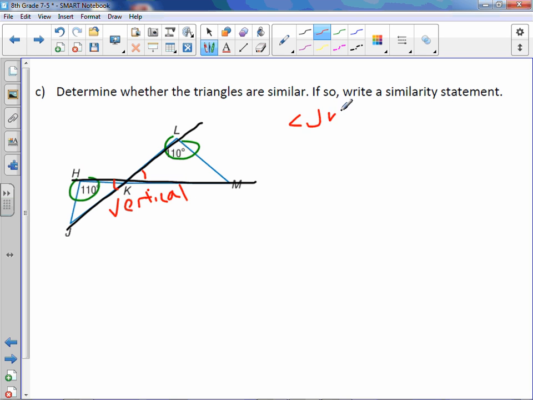Angle JKH is congruent to angle MKL because they are vertical angles.